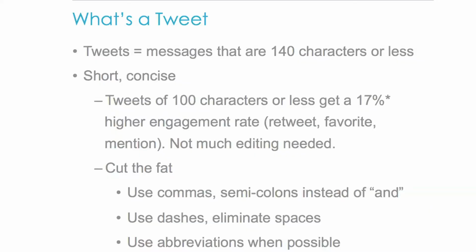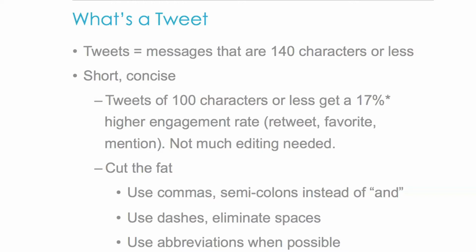One trick that helped me at the beginning is I would write out my whole message, and even if it went over the count, I would just write out my whole thought, what I wanted to convey. If this was an original post, I wasn't retweeting. And then I would work on shortening it. Some ways you can shorten it: cut out your ands, use commas or semicolons, or even use an ampersand, use dashes, eliminate spaces.